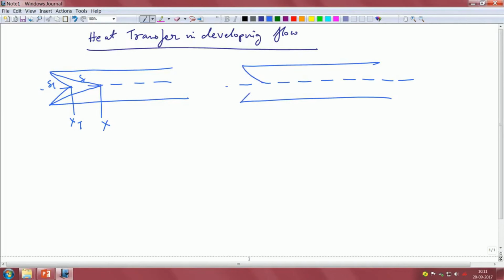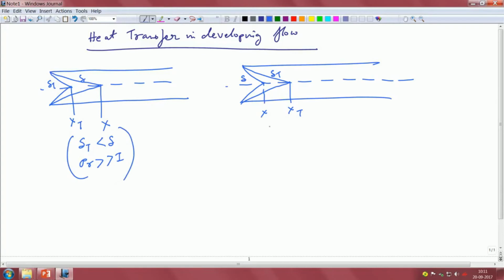This is very similar to what we saw in our flat plate boundary layer, how the two boundary layers are developing. This is delta T, and this is once again x, and this is once again x T. In this particular case, delta T is less than delta, which corresponds to Prandtl number much greater than 1.